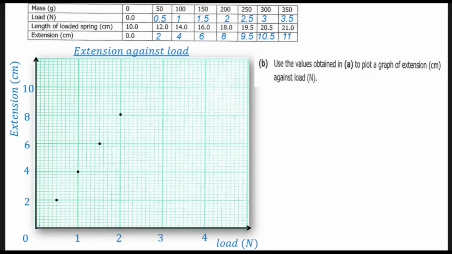So this is 0, 0.2, 0.4, 0.6, 0.8. Then this is 1, 1.2, 1.4, 1.6, 1.8, 2. That's how it is moving.